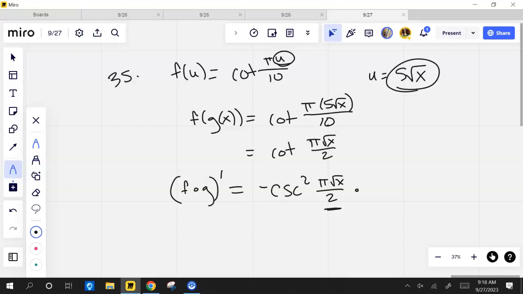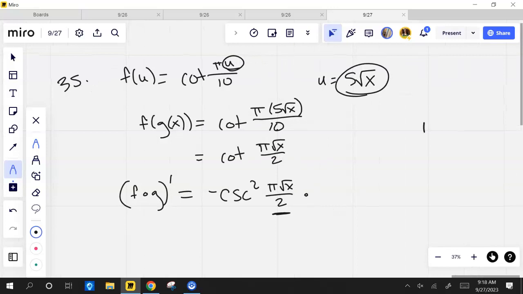So what's the derivative of this gobbledygook? You might have to come off to the side to look at it, right? Because this is really pi over 2, that's just a coefficient times x to the 1/2. So pi over 4 x to the negative 1/2, right?